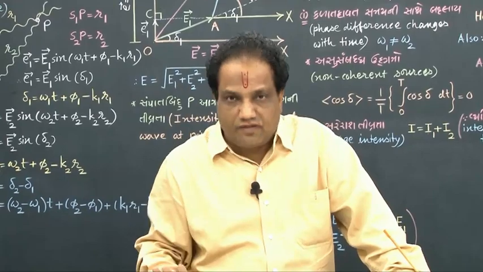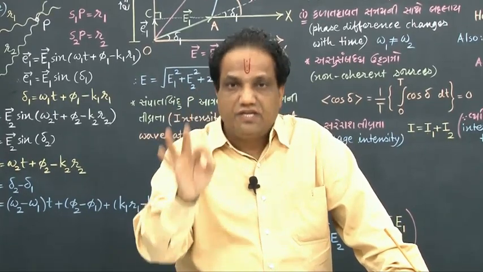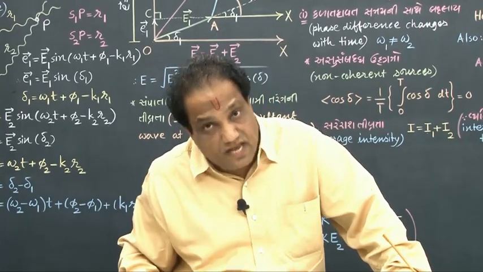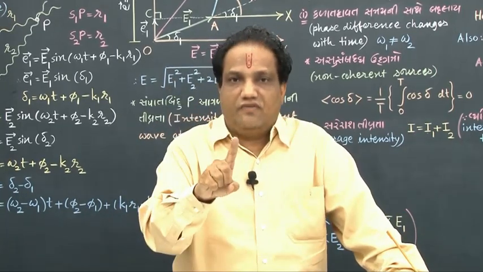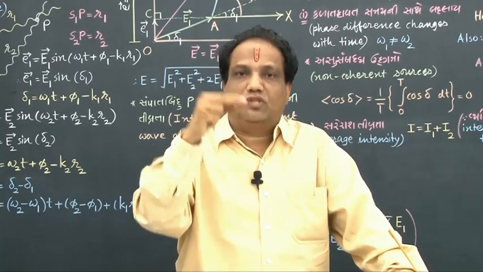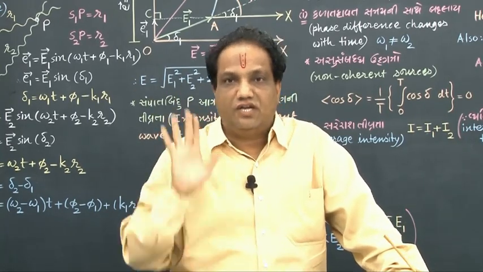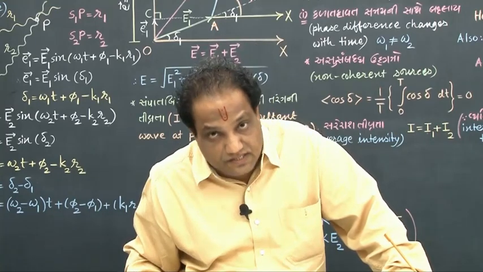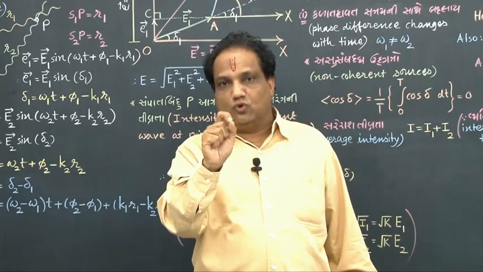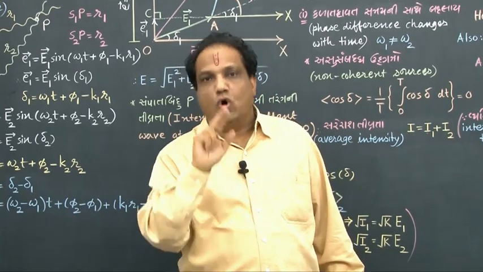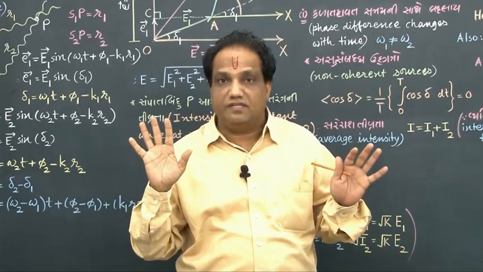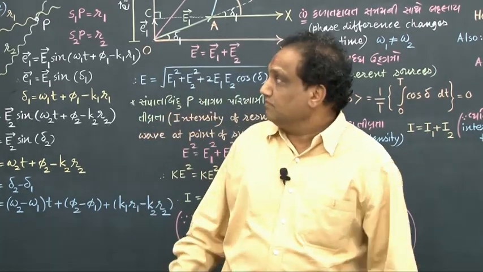This very phenomenon, this very effect is known as an interference in a wide sense. Physical effect arising due to superposition of two or more than two waves is called an interference in a wide sense. Okay, fine.